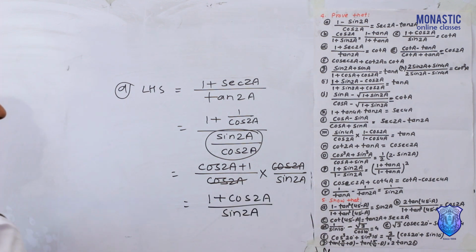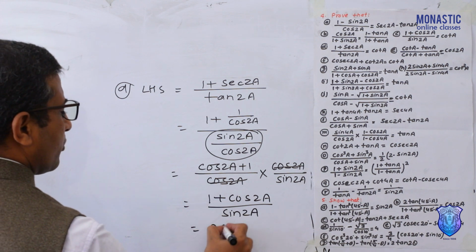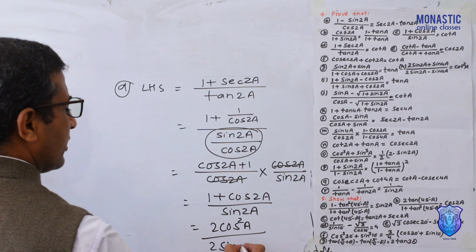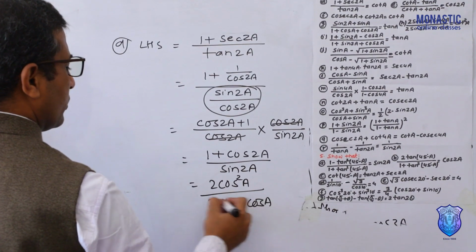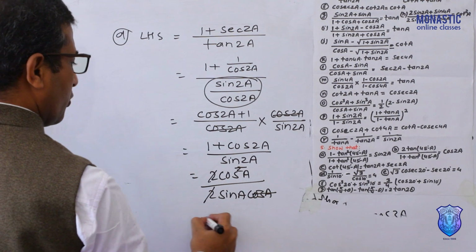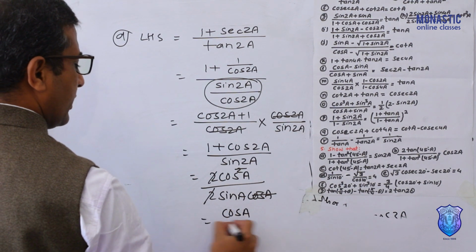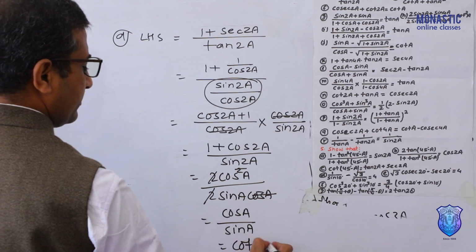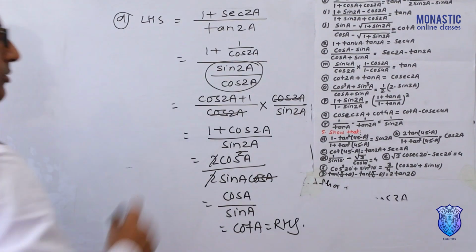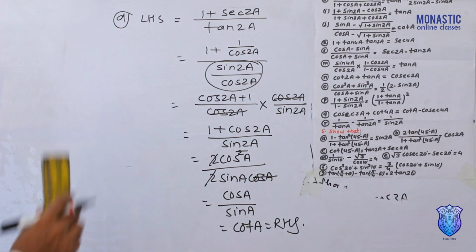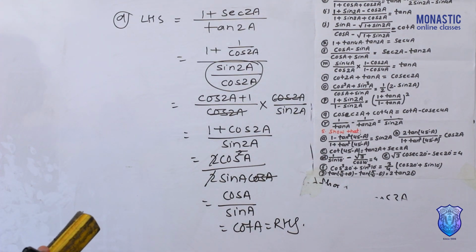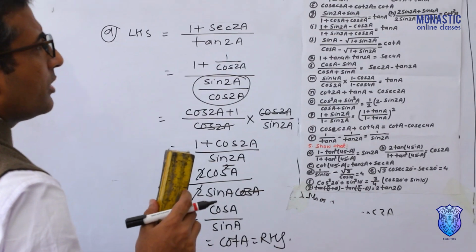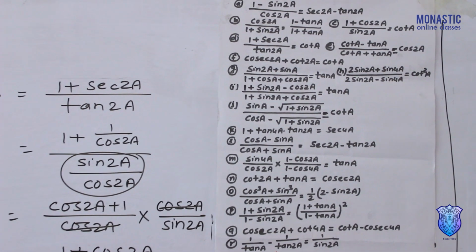We have done this earlier. 1 plus cos 2A formula is 2 cos square A. Sin 2A formula is 2 sin A cos A. Do the simplification. What is left? That's our result. That is cot A. We have completed up to question number D. Now question number E, you want the result in cos 2A.